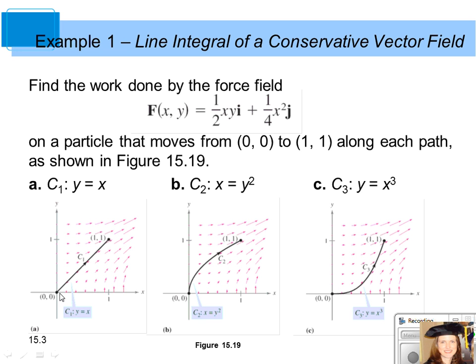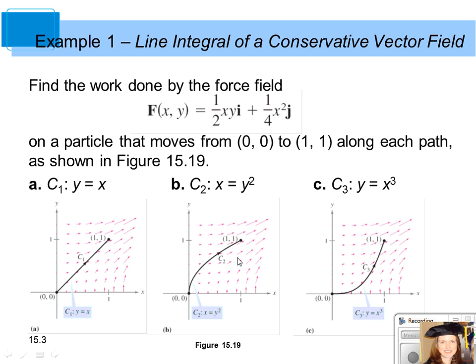In the first path, we're going in a straight path from the point 0, 0 to the point 1, 1 along the equation y equals x. In part B, we're looking at this path here, x is equal to y squared. We're moving from the same beginning and end point, but along a different curved path.